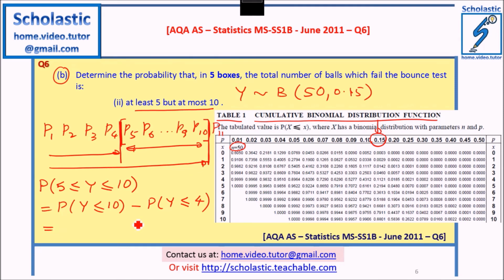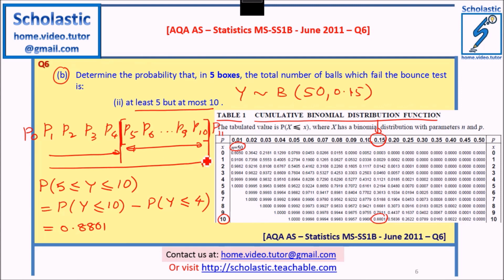So it's simple. Now once you have this, what you need to do is go to n, x equal to 10 and read the column under 0.15. So you get the probability for that particular event, that area is 0.8801. That is the area from P10 down to P0. Actually P0 should be there also, P0, P1, P2.